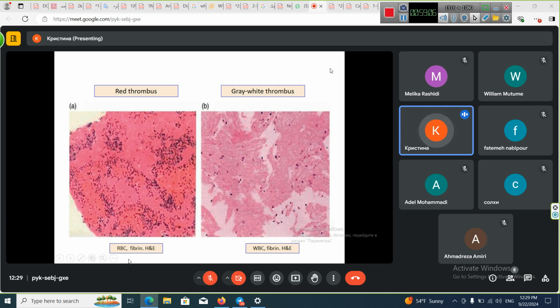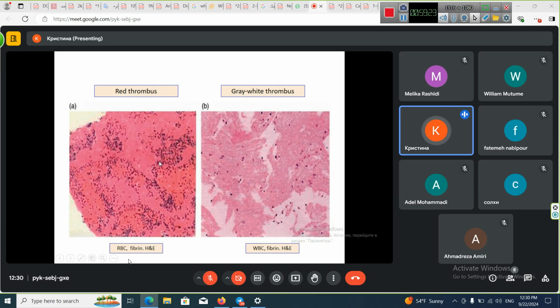This picture shows the difference between red and gray-white thrombus. The major difference is in the color. Red looks more red, gray-white looks paler. Why so?